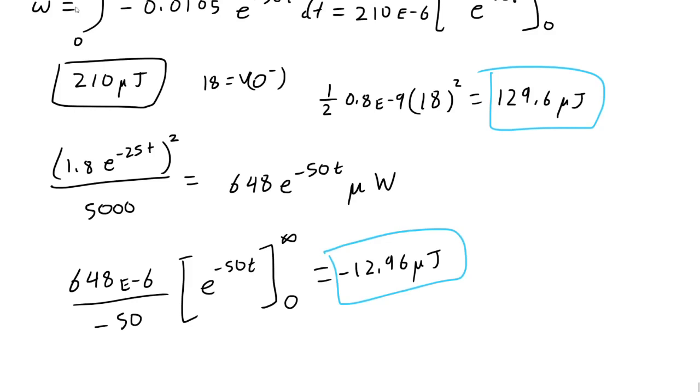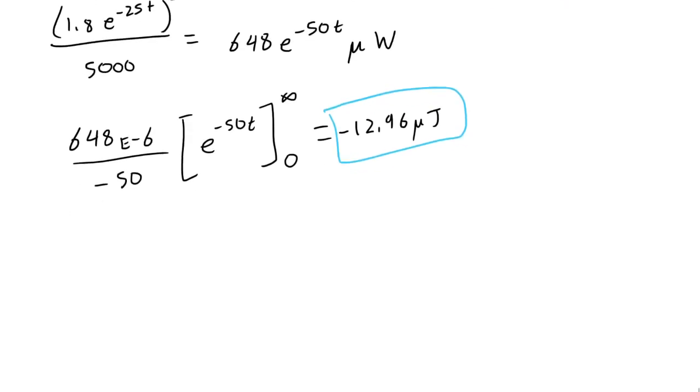Now let's go ahead and do the 20 kilo ohm. So that's 16.2 e to the minus 25t squared divided by 20,000. That's going to be 262.44 times 10 to the minus 6.